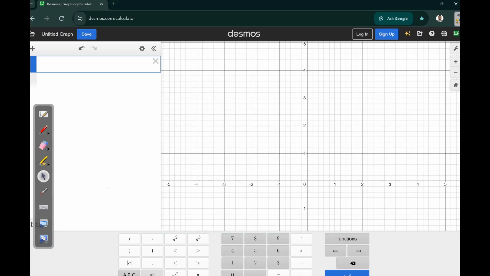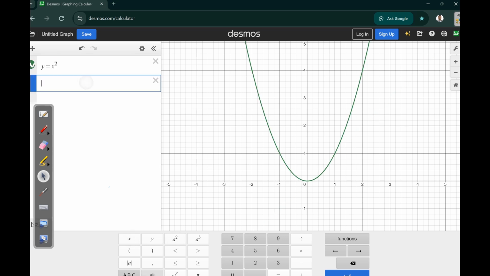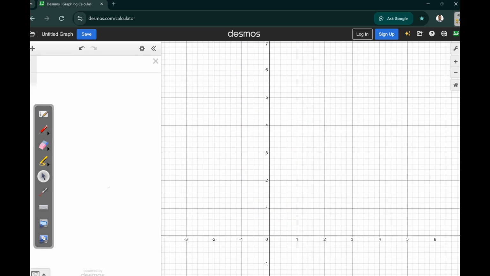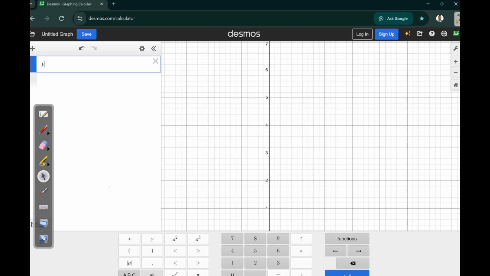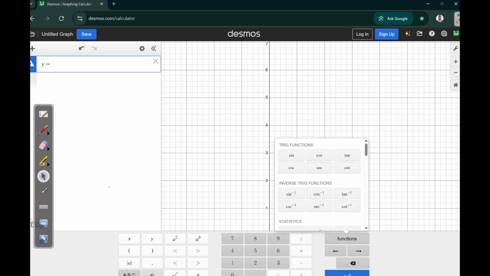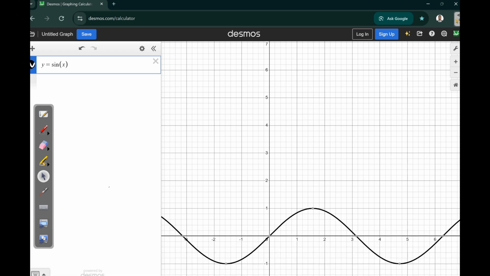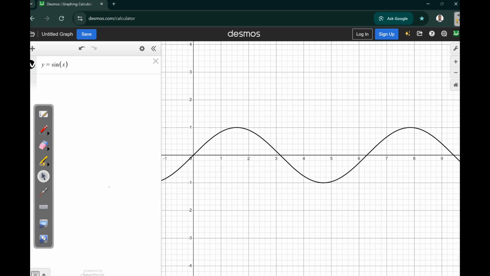Let's say we have our graph here, y equals, let's say, x squared. But then we have y equals, where there is x, I'm going to put 2x here, and then we square. Now you see this one diminishes. Or I can use the trigonometric function. Probably this one will bring it out very well. Let me use y equals sine x.